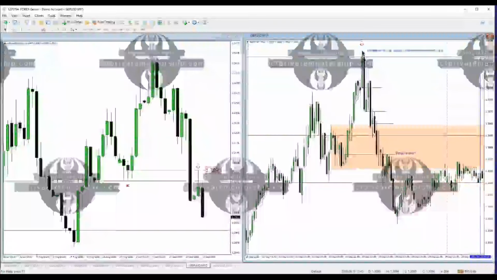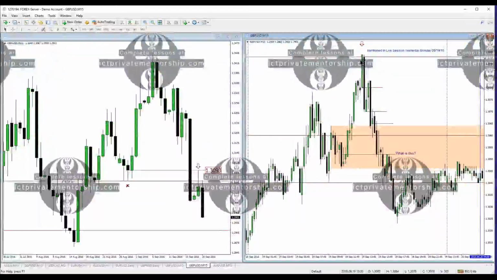They position those positions short against the buy stops that are ran out here.